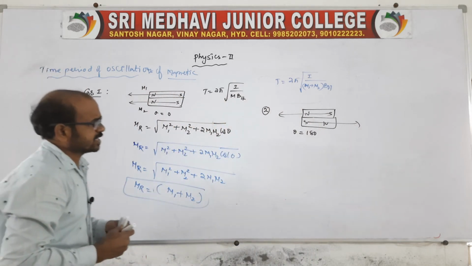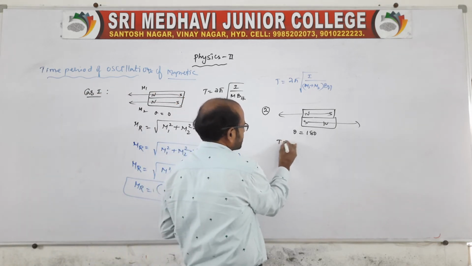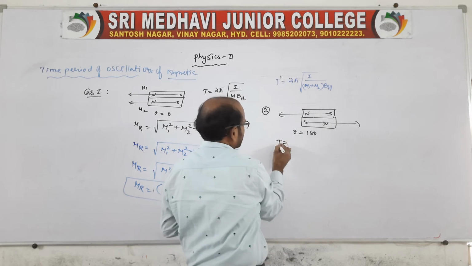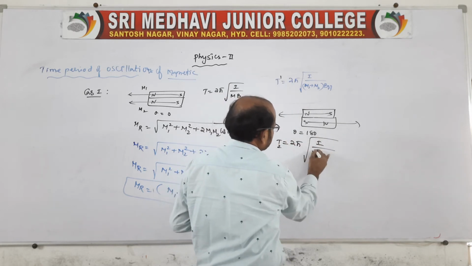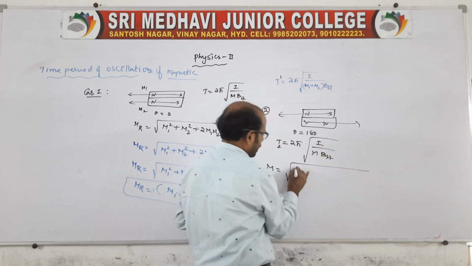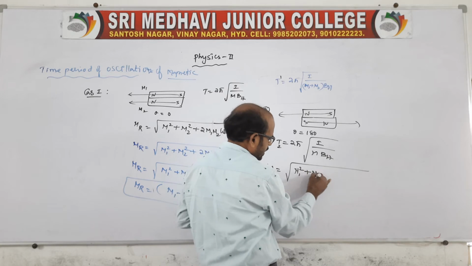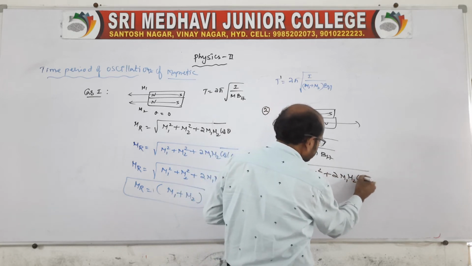So when theta is 180, cos 180 is minus 1, no? Therefore the time period, say T1 and T2. T1 = 2π√(I/(M·BH)). Again the resultant is √(M1² + M2² + 2M1M2 cos 180).